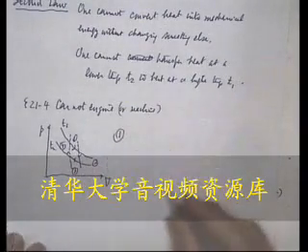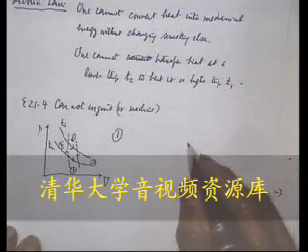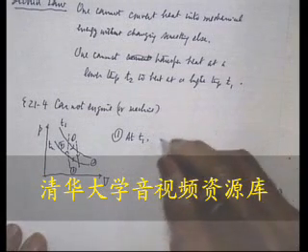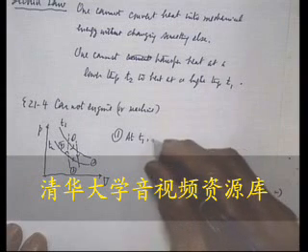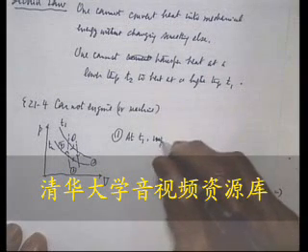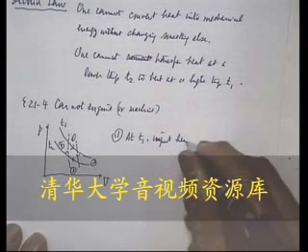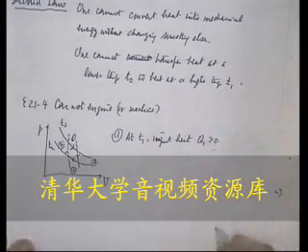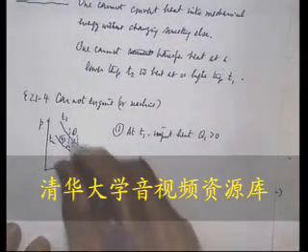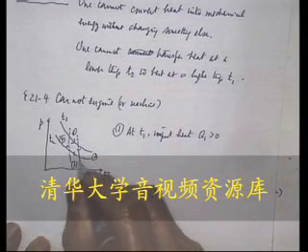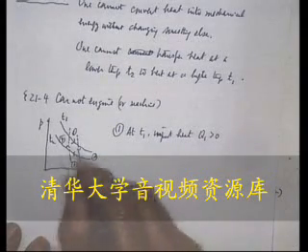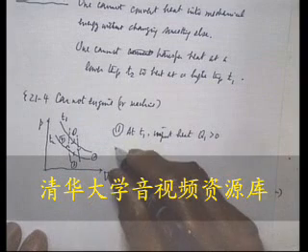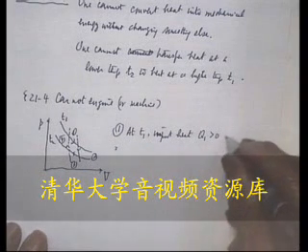First, at T1, input heat Q1. So it goes through an isotherm. This does not have to be an ideal gas. It goes through and expands.